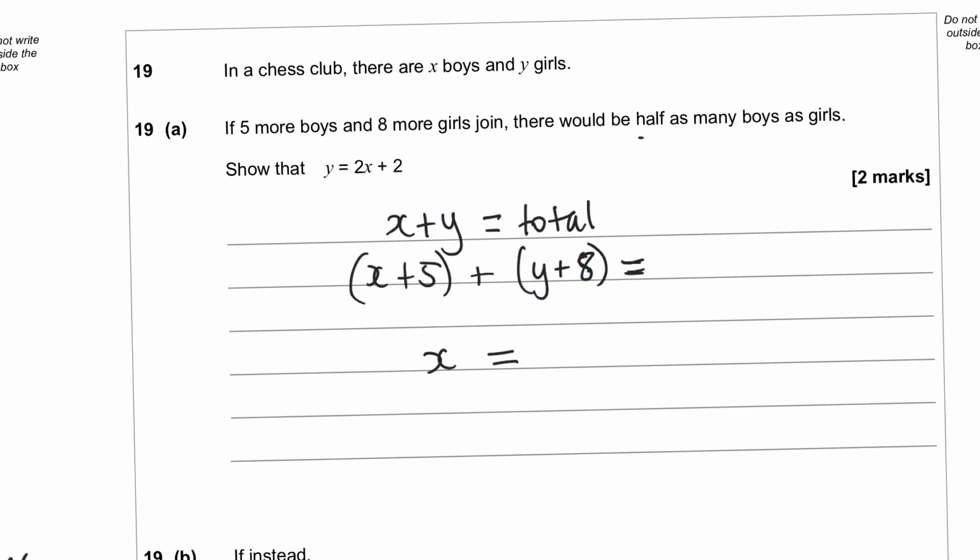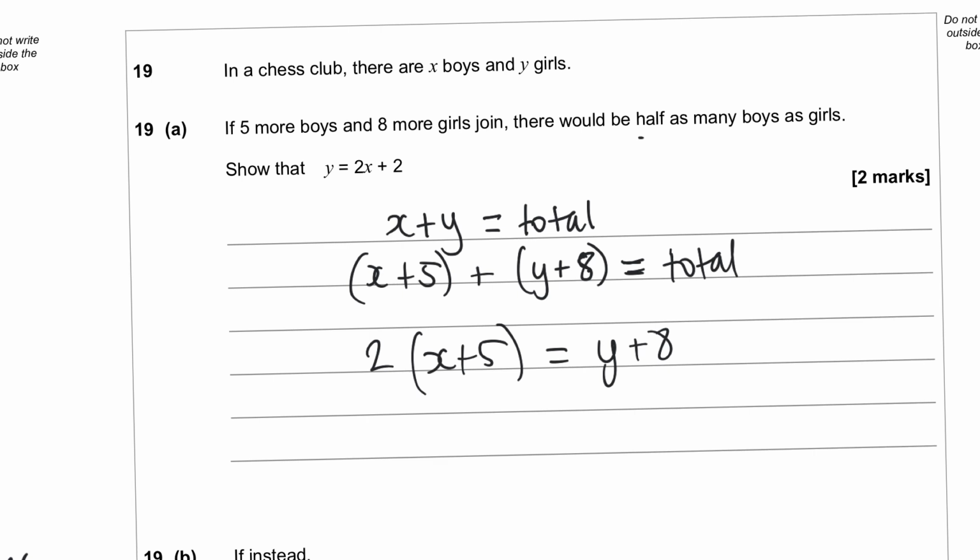if I rewrite this, boys is half as much. So to get the value of girls, we would times the number of boys by 2. So if our boys is now X plus 5, times that by 2, that's going to equal our value of girls.